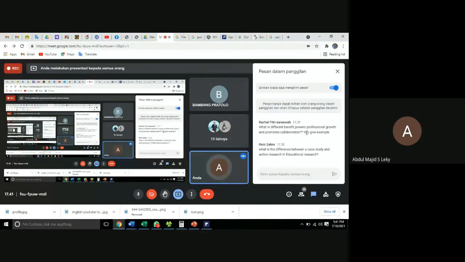So we need another teacher or colleagues to work collaboratively with us to find the solution together. And the more important thing is we can share each other's knowledge and what we have from our research.